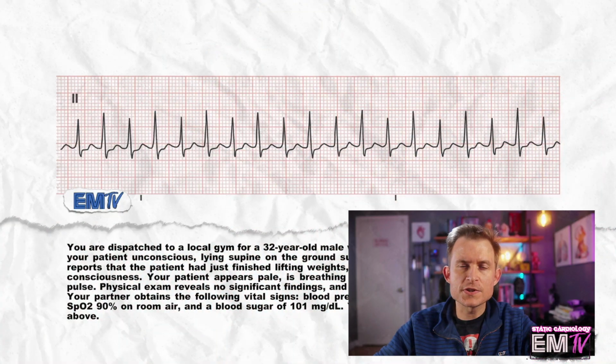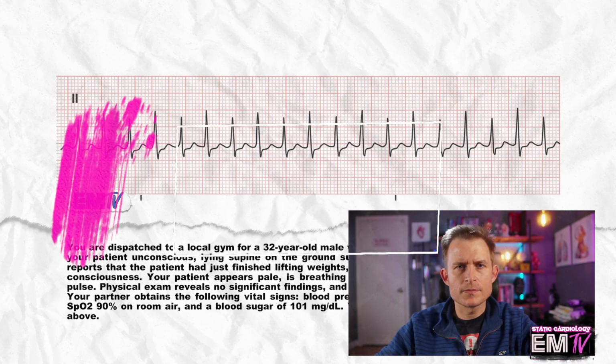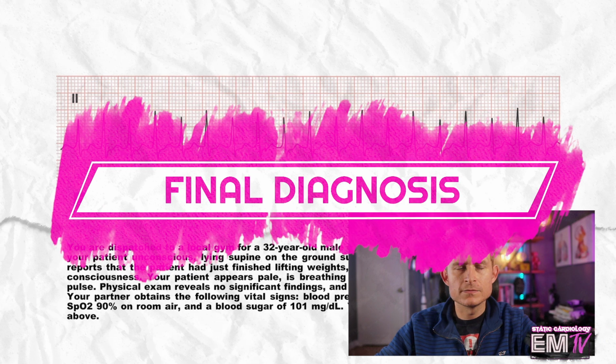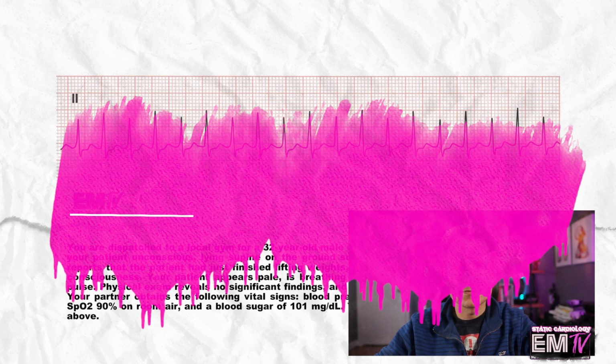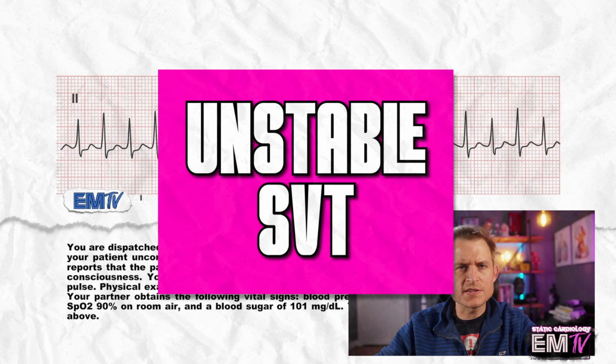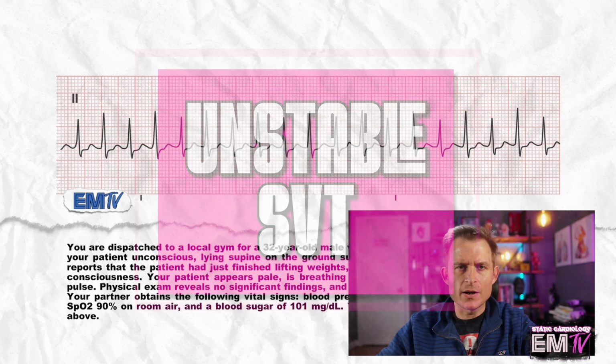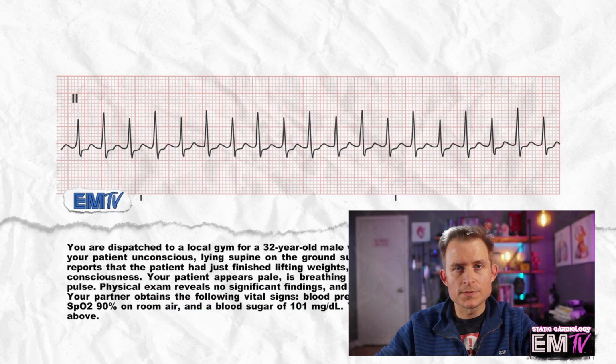Based on my patient's physical presentation, as well as his vital signs, he's altered and hypotensive. My final diagnosis for static cardiology is an unstable SVT. Now, let's go ahead and move on to the treatment.